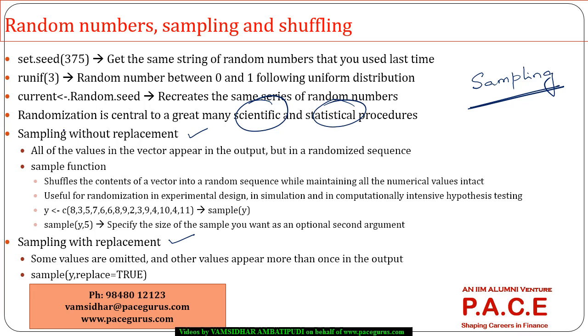But right now, if I want to do sampling without replacement versus with replacement: sampling without replacement means that all of the values in my vector are going to appear in the output, but in a random fashion.